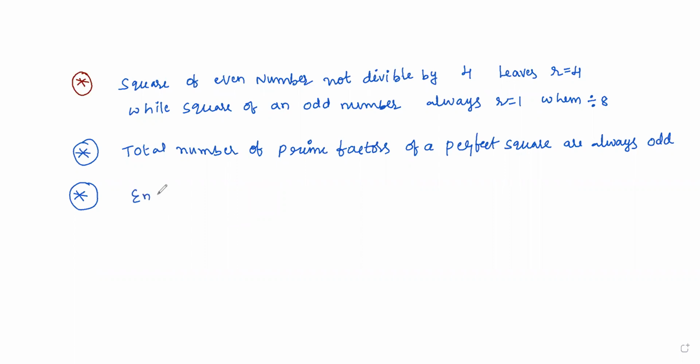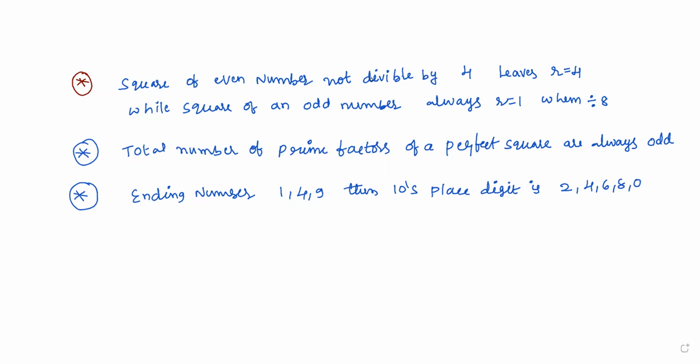Suppose a number is ending with 1, 4, 9. Then the tens place digit is 2, 4, 6, 8, 0. Then only we can say that the given number is a perfect square number. There is a chance, not sure.